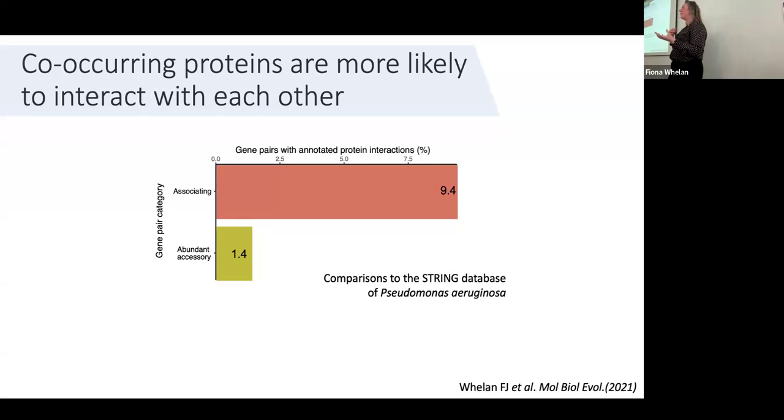Because a lot of the genes that we're looking at are hypothetical or low abundance or not in the fancy clinical strains, we just don't have any data for that. But when we could look at what's in STRING, we were more likely to find the protein products of genes that co-occur to have an annotation of protein interaction within STRING compared to our random paired genes.